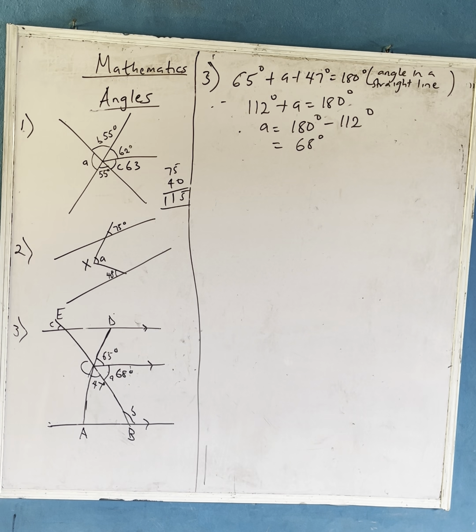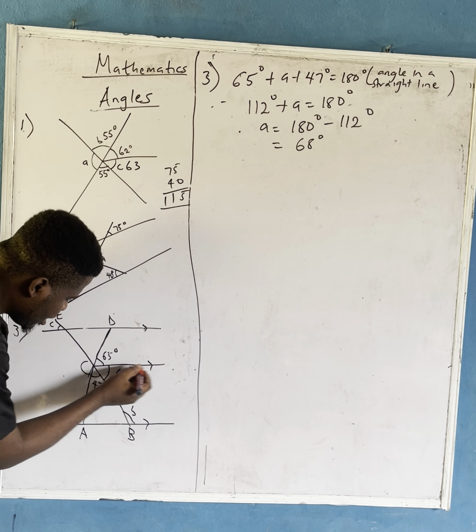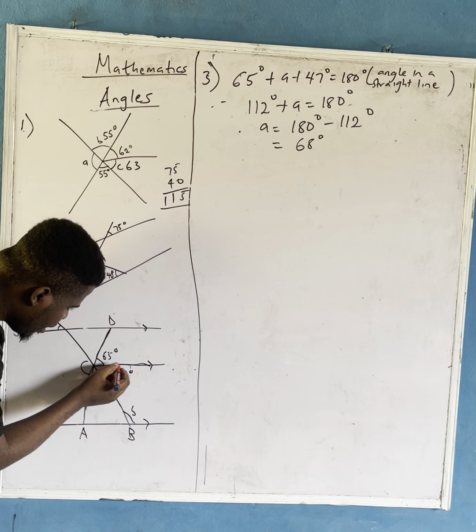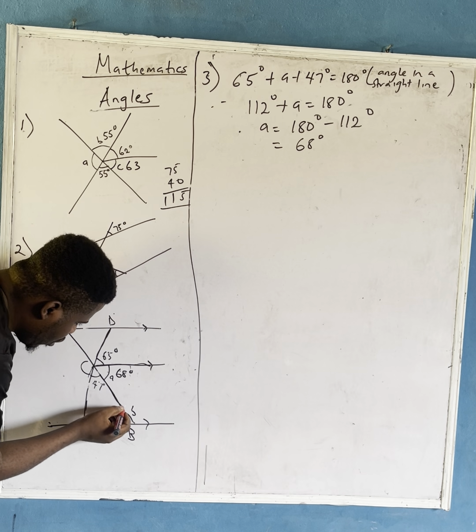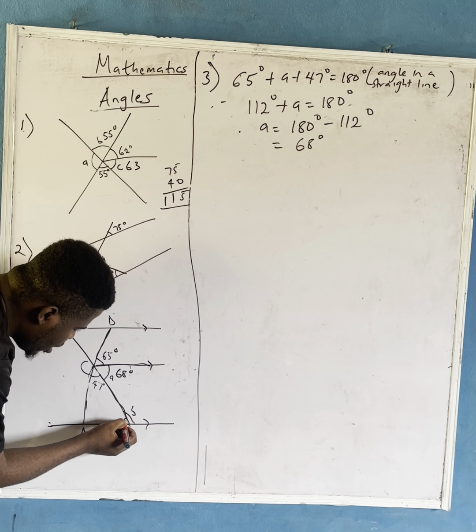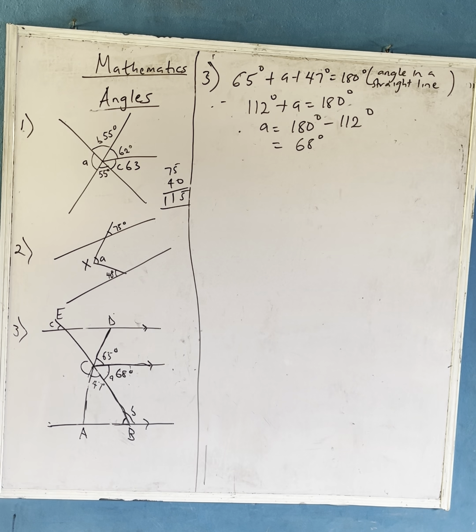Now, let's look at something. This angle here is alternate to the angle here.